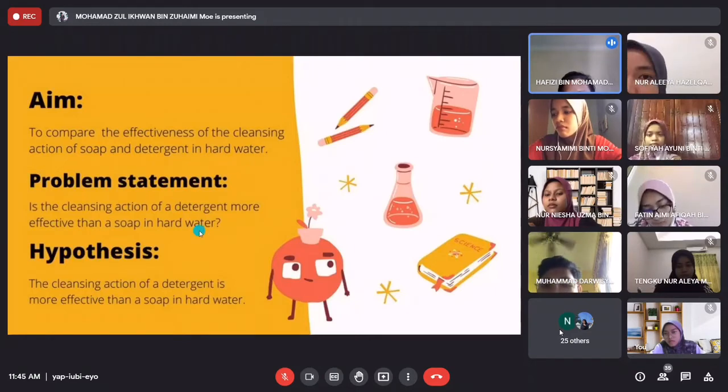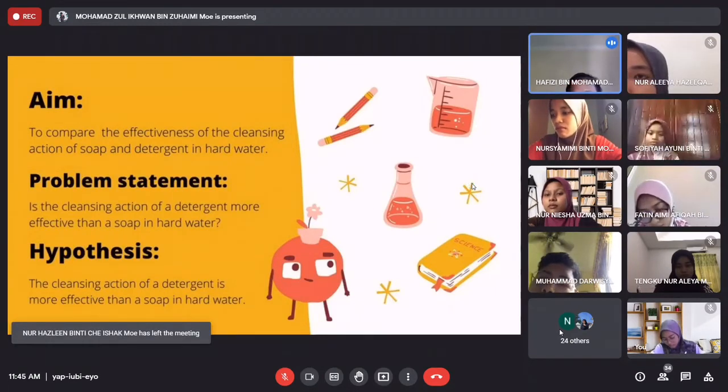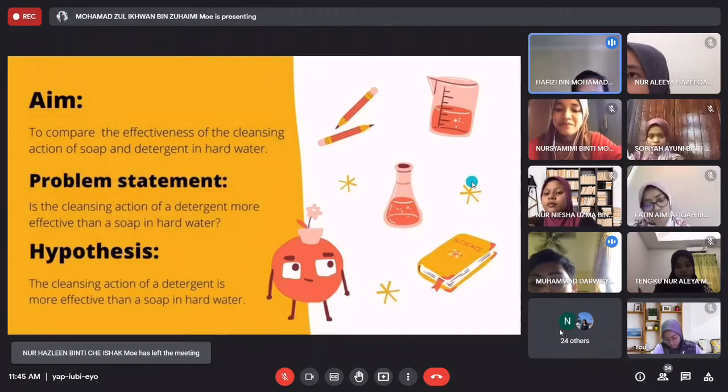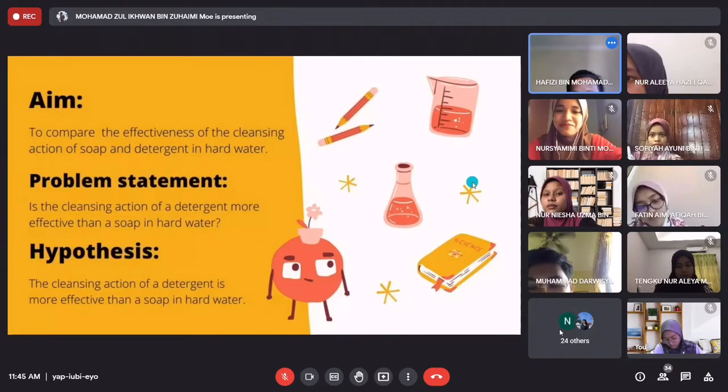Okay, boleh. Ingat bila kita tulis hipotesis, kita kena letak MV dulu sebagai kita punya ayat depan. Buku tu je silap sikit lah. Alright, teruskan.